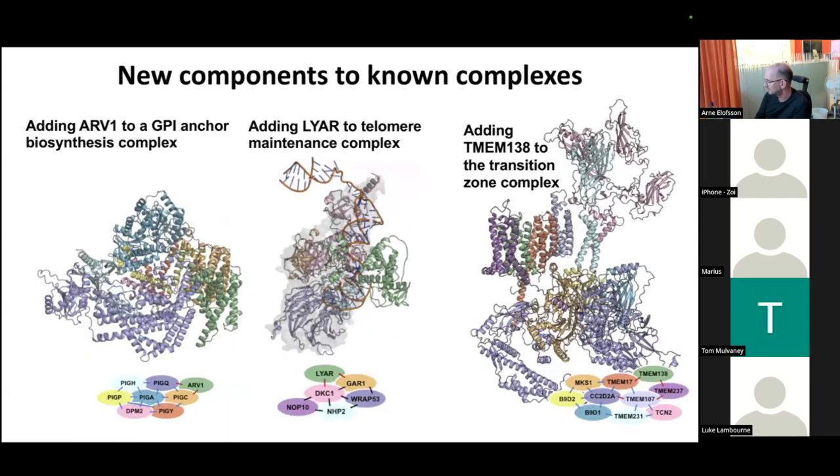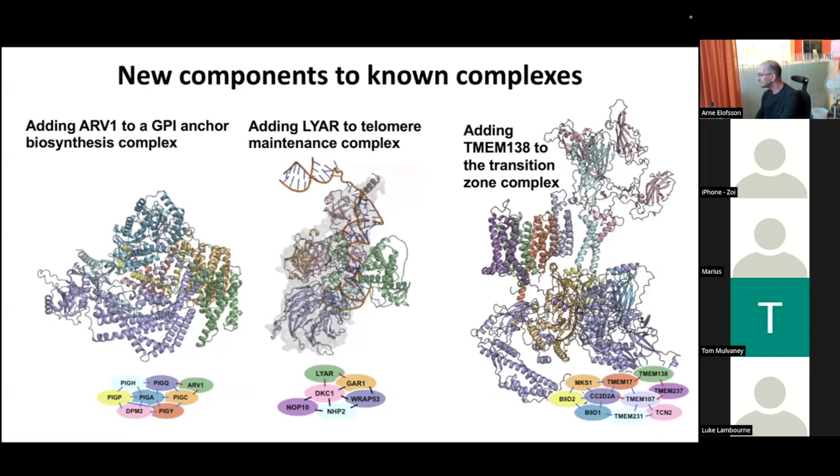Another thing we can do with our pairwise interaction screen is identify new components of known complexes. Here we showcase a couple of known protein complexes, and we were able to identify new components if that component is interacting with at least two known components.